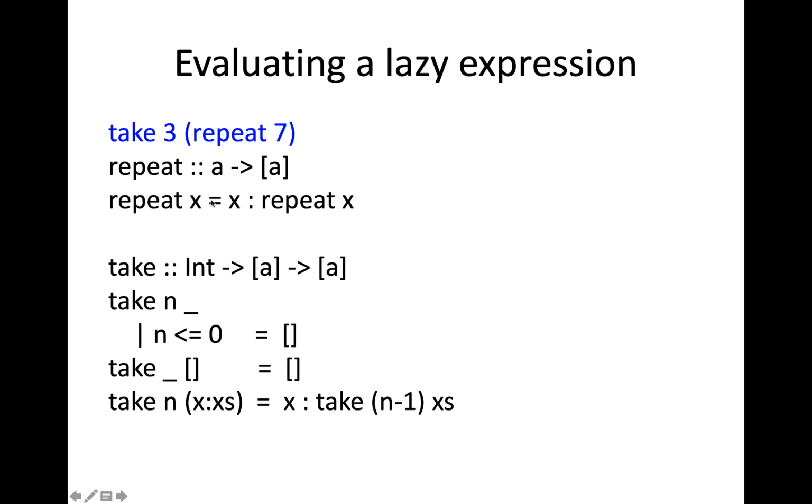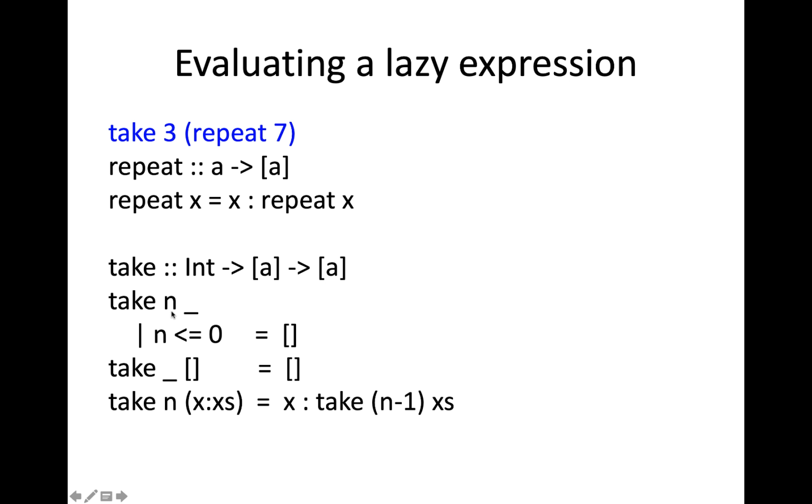Now the body of the take function is here, and the type of take is: the first parameter is an integer, then the second parameter is this infinite list, and the output is also a list. Now let's see the body of the take function, and we see that there are two parameters.